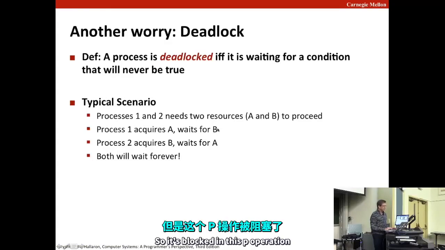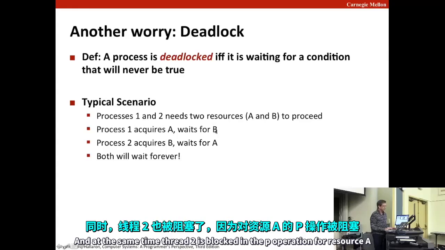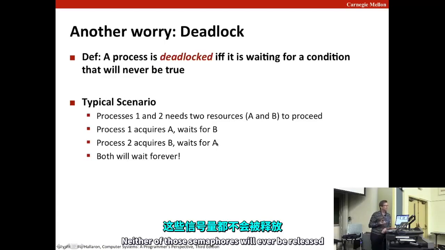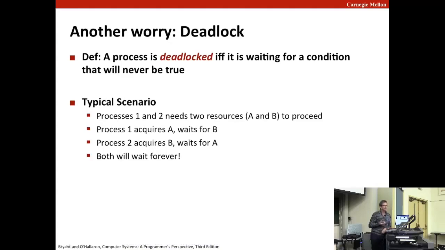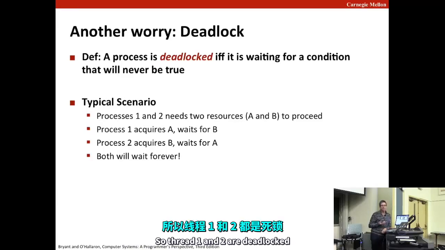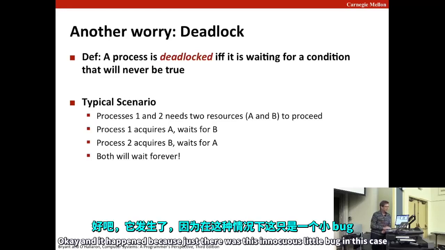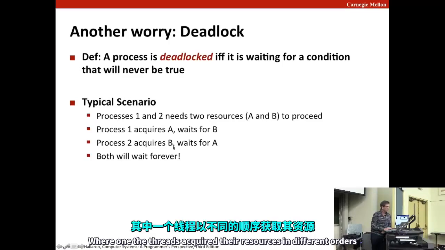So it's blocked in this P operation, and at the same time, thread 2 is blocked in the P operation for resource A. Neither of those semaphores will ever be released, so threads 1 and 2 are deadlocked. Okay, and it happened because there was this innocuous little bug, in this case where the threads acquired their resources in different orders.